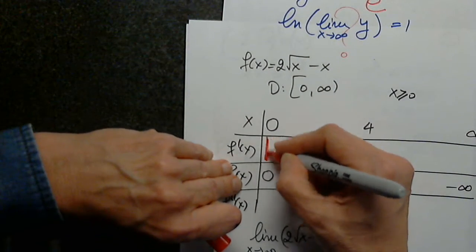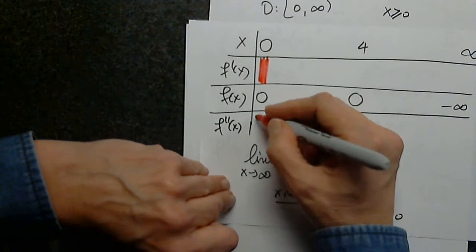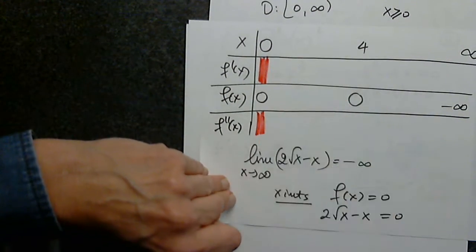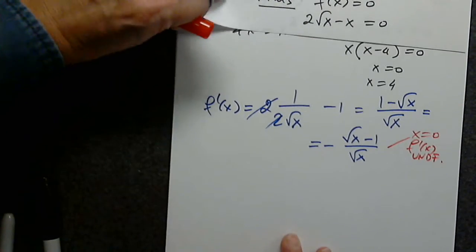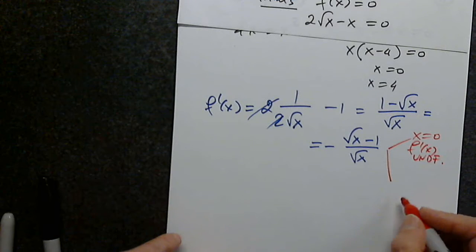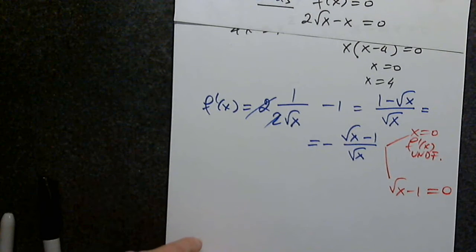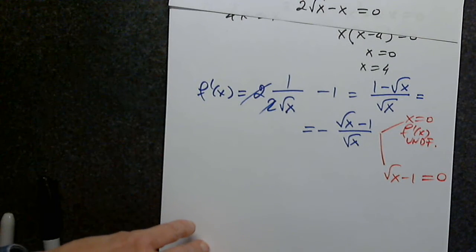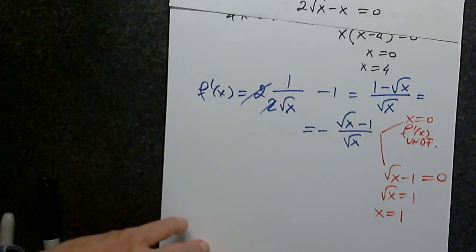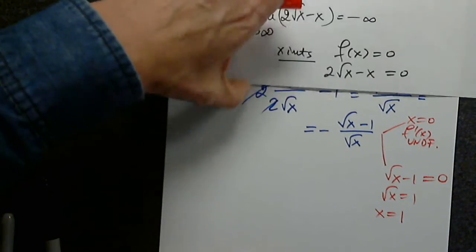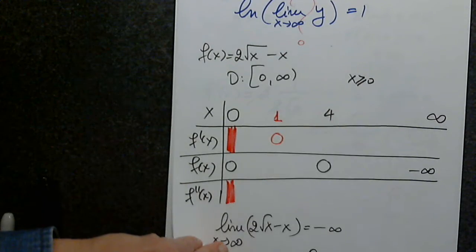So if the first derivative is undefined, any other will be at that point for sure. Okay, so now the other source will be for the square root of x minus 1 to be 0. Yes, the square root of x equals 1, I square and I get x equals 1. So 1 and 0.